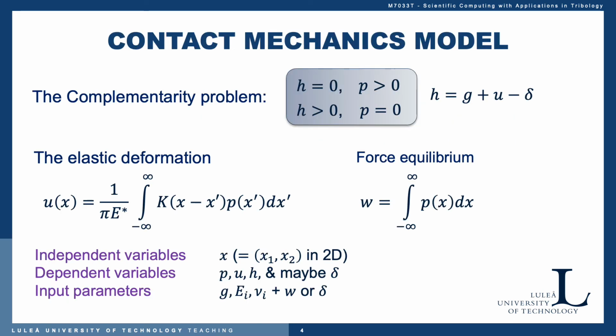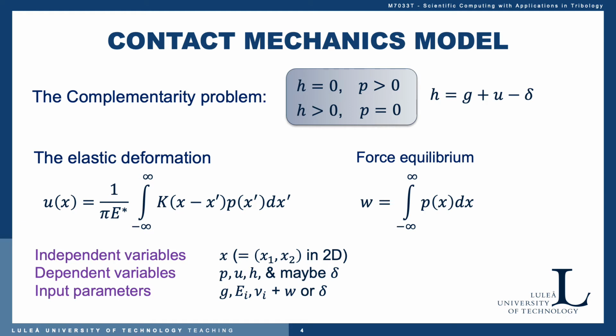So, the recap. The contact mechanics problem is formulated as a complementarity problem, where either the deformed gap is zero and the pressure is positive, obviously, or where the deformed gap is positive, there is no pressure, pressure is zero. And the deformed gap is formulated by the gap between the undeformed surfaces with the deformation added, and then the interference of rigid body movement delta.